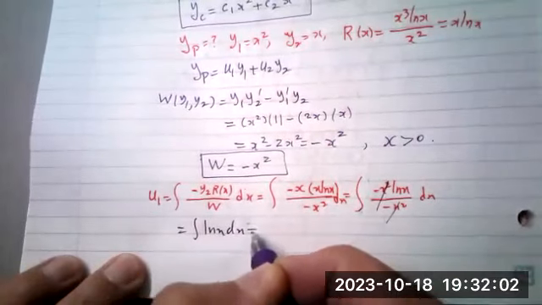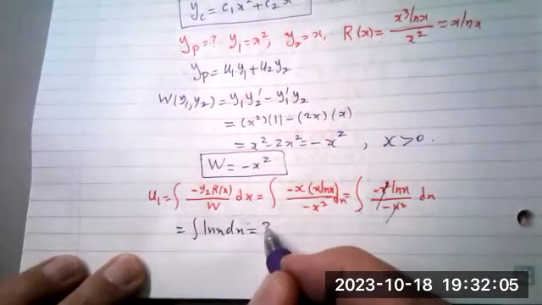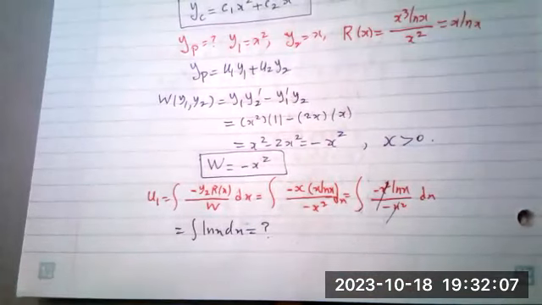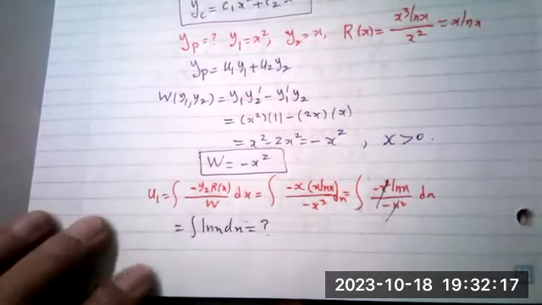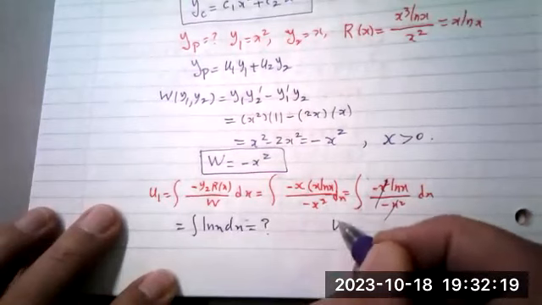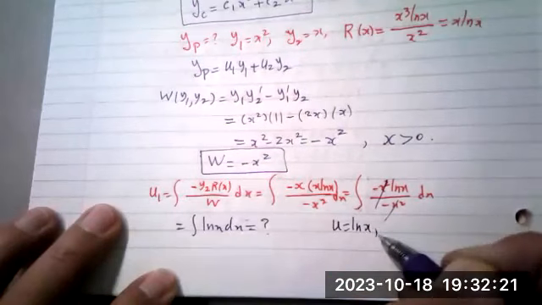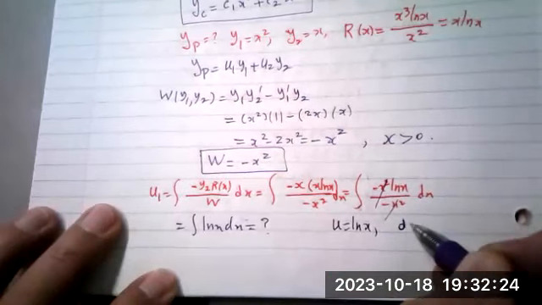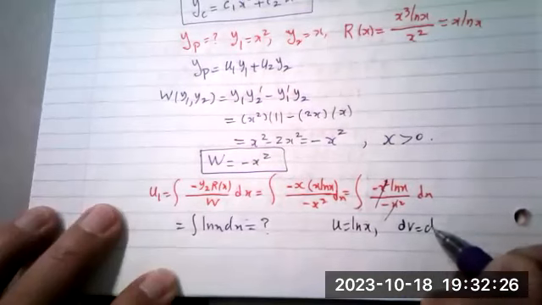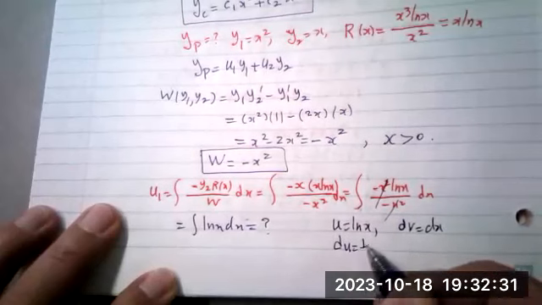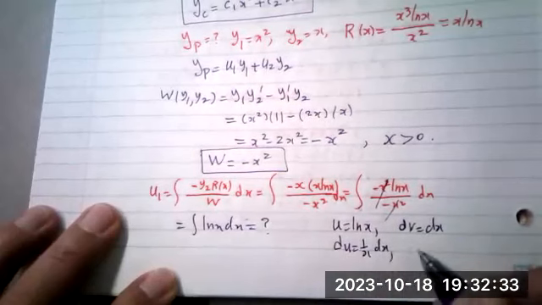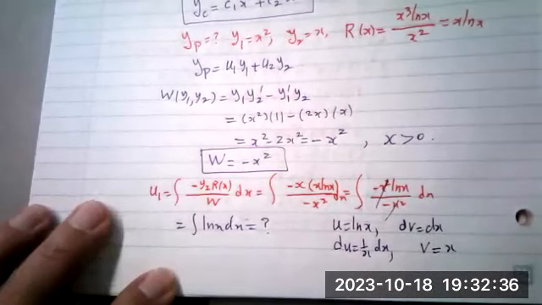How are we going to find this one? UV minus integral V dU. That's it, integration by parts. Integration by parts to get this one. And remember, u would be ln x, and the dv would be dx. So that would be du, which is 1 over x dx, and this would be v, which is x.